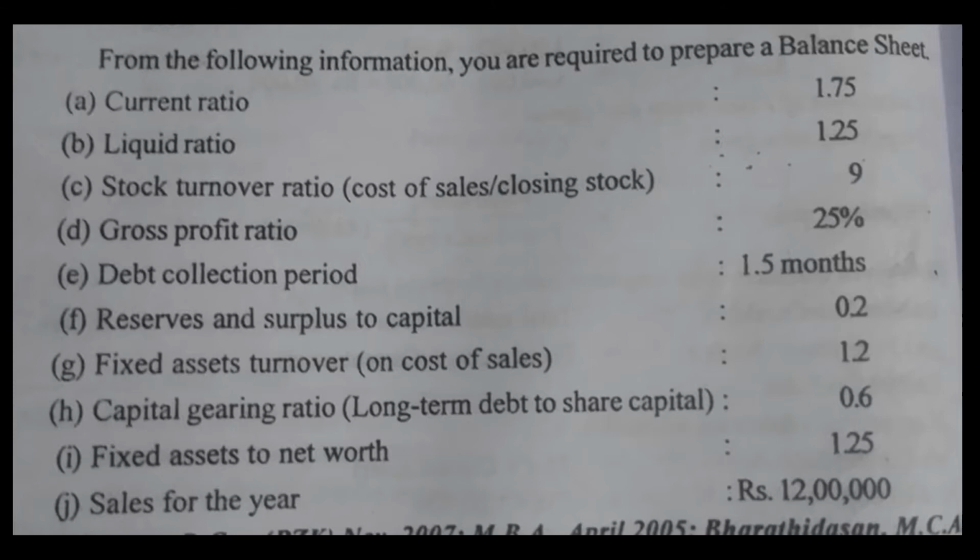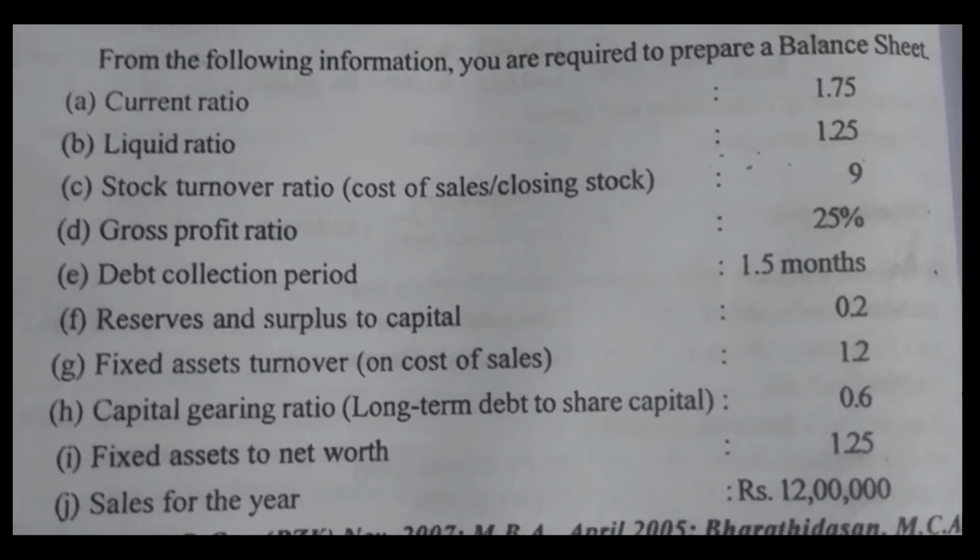In three places you have seen: reserves and surplus to capital, which means reserves divided by capital; capital gearing ratio, long-term debt to share capital, which means long-term debt divided by share capital; and fixed asset to net worth, which means fixed asset divided by net worth, equal to 1.25. Then sales for the year is given as 12 lakh. So this is the data given in the sum. We'll see the answer now.